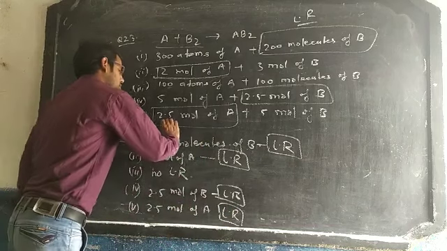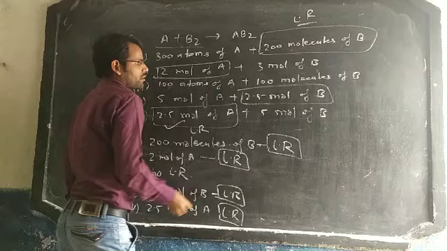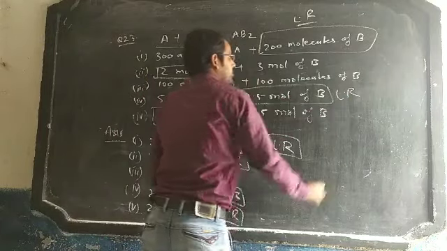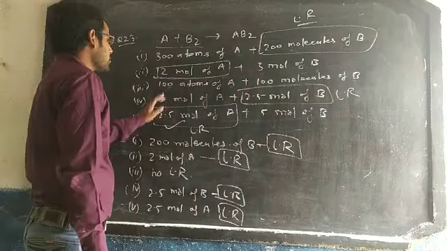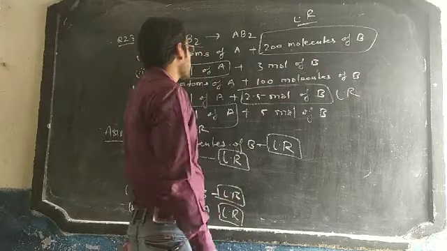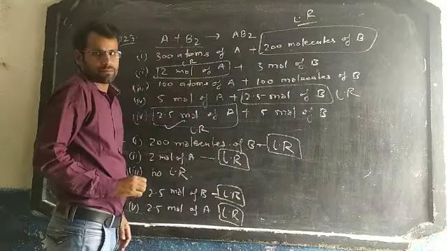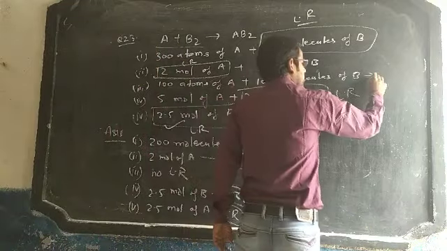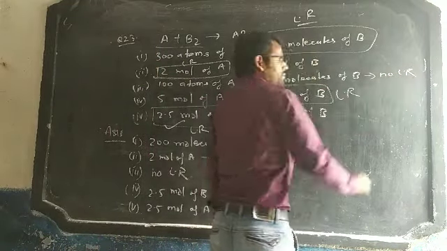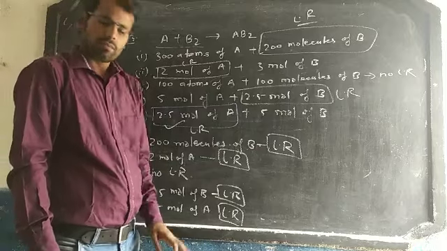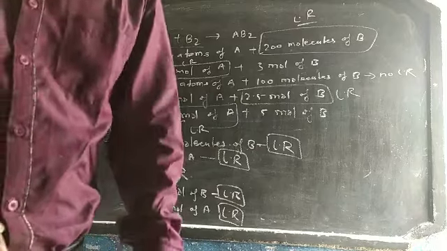So in these cases one is the limiting reagent, and in one there is no limiting reagent. Now solve it.